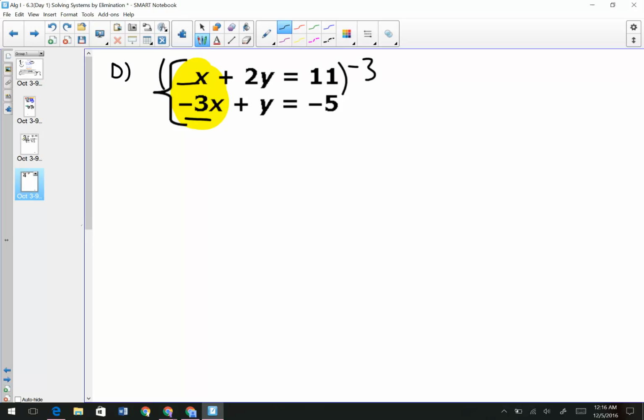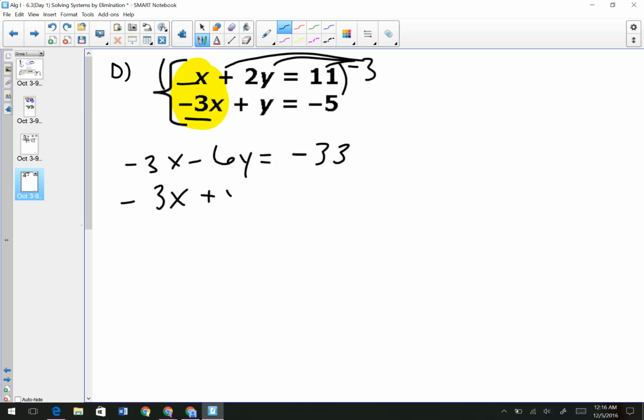So that would become a -3x, -3 times 2y, -6y. You're doing kind of like the big distributive property in here, is equal to -33. And then I'm just going to bring down that same bottom equation that I have. -3x plus y is equal to -5.